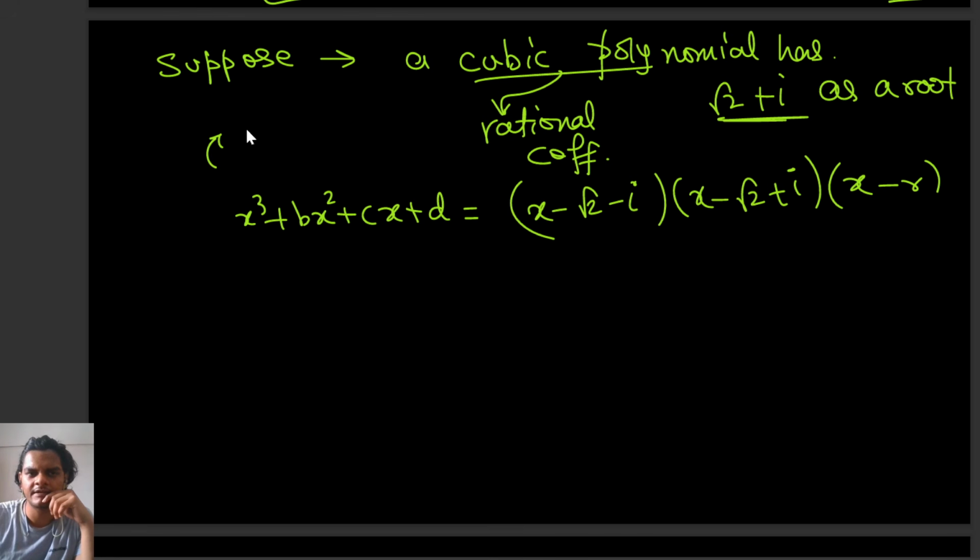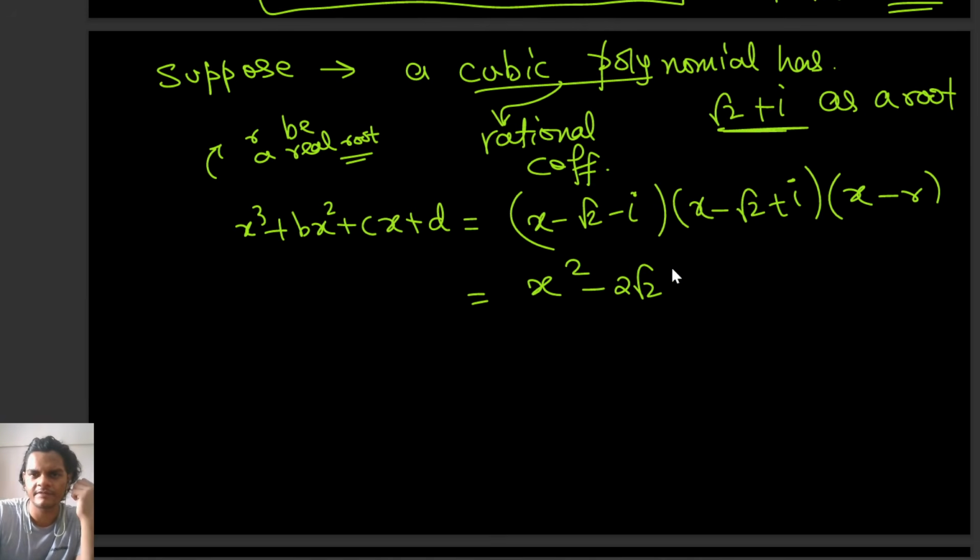Yeah, let r be a real root. Okay, so how would that look like? That would look like x square minus 2 root 2x plus 3 into x minus r.